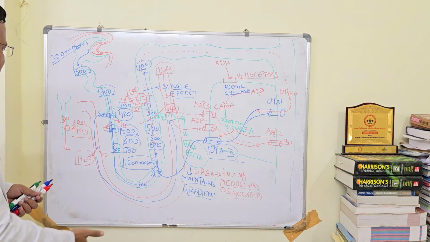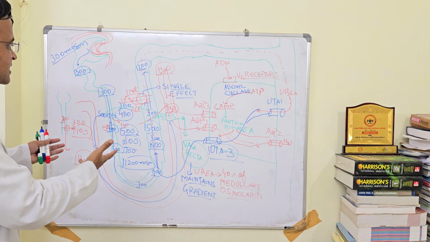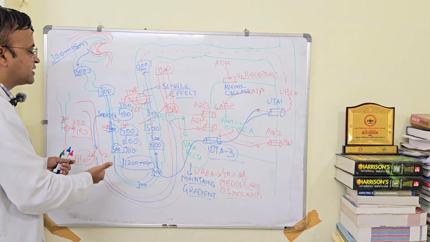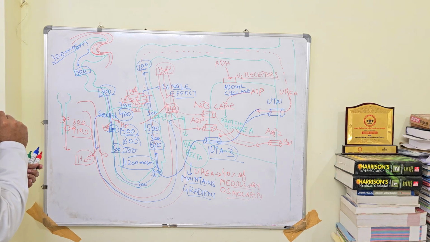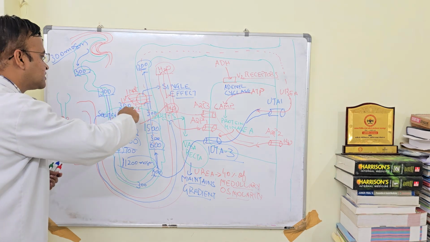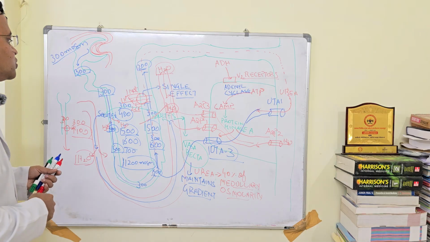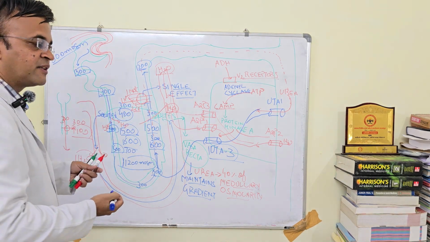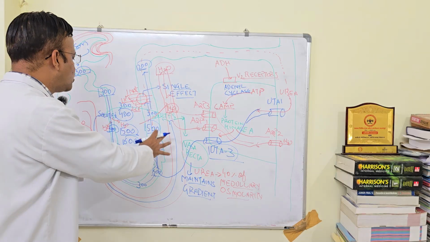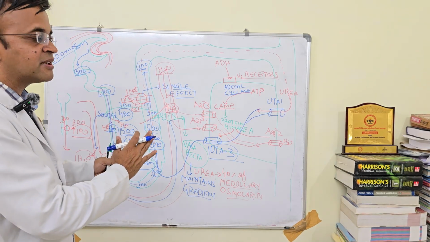Now we understand the whole mechanism. Ultimately, why are we reading this? Because we want to know where things can go wrong. One major syndrome in which things can go wrong is Bartter syndrome. Bartter syndrome is going to paralyze your 1 sodium 1 potassium 2 chloride cotransporter, so the single effect will be lost. If the single effect is lost, the kidney will lose the ability of countercurrent multiplication.